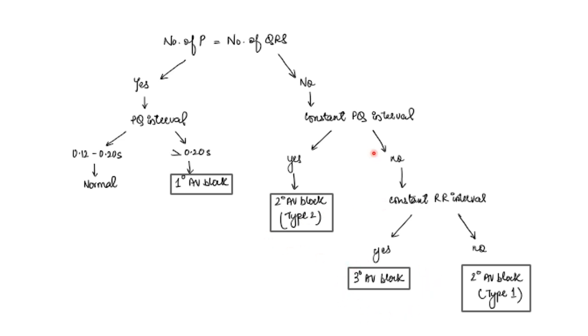And if you have a constant PQ interval, but the number of P is not equal to the number of QRS, then you know that it's second degree AV block type 2, where like we already discussed, the PQ interval is constant until one beat gets randomly dropped. So, I mean, it's not very hard. You could remember it yourself, but if you seem to have trouble differentiating them, it's a good idea to draw this on the side. It can just help you out.